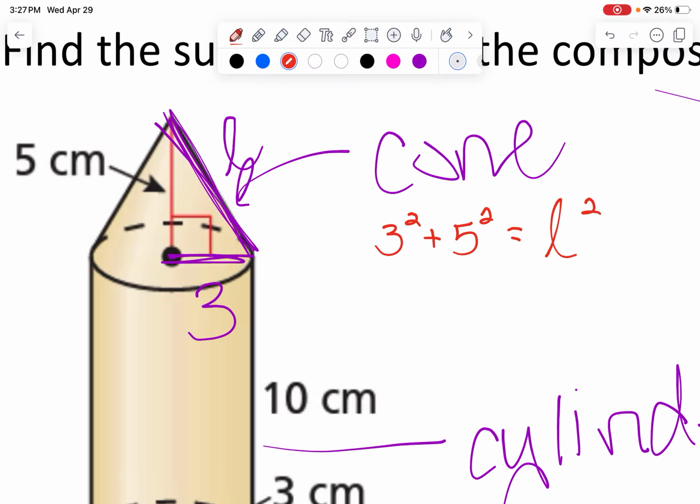So that's 9 plus 25 is 34. Okay, so L is, take the square root of both sides. That's going to be the square root of 34. We get about 5.83.